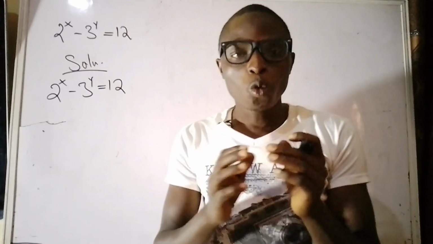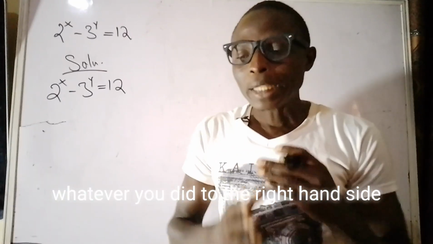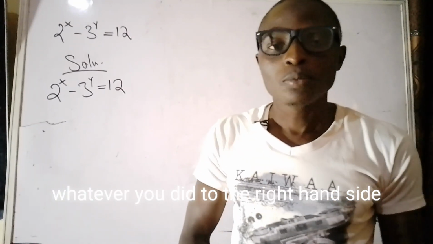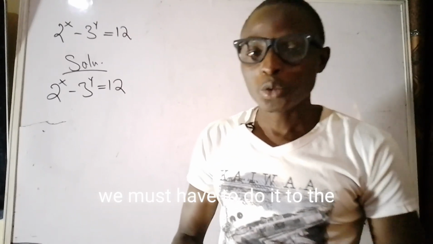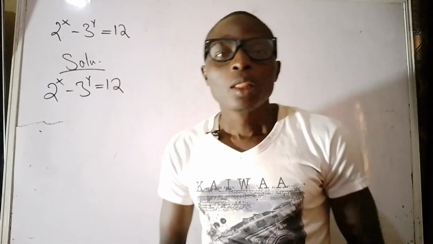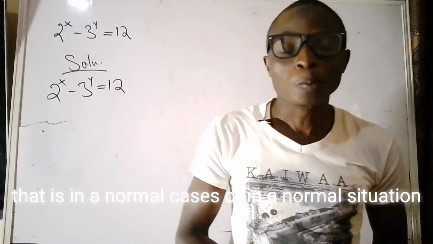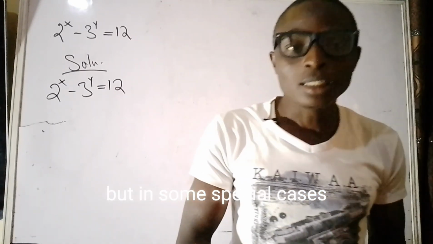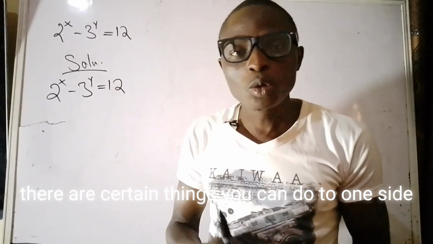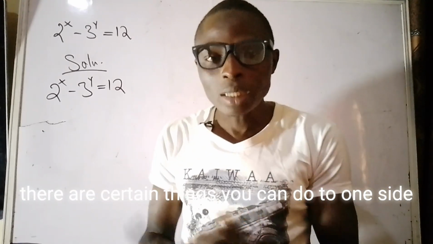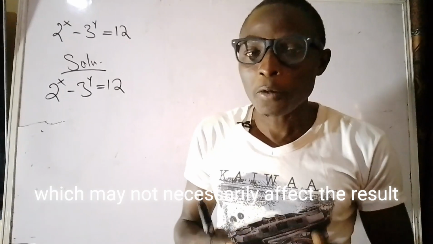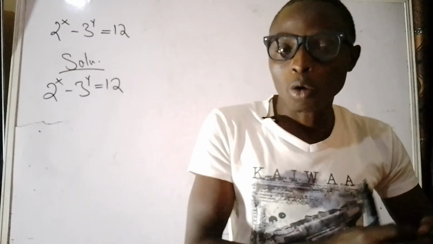12. In an equation, whatever you do to the right hand side, we must do to the left hand side. That is in normal situations. But in some special cases, there are certain things you can do to one side which might not necessarily affect the result of the other side.